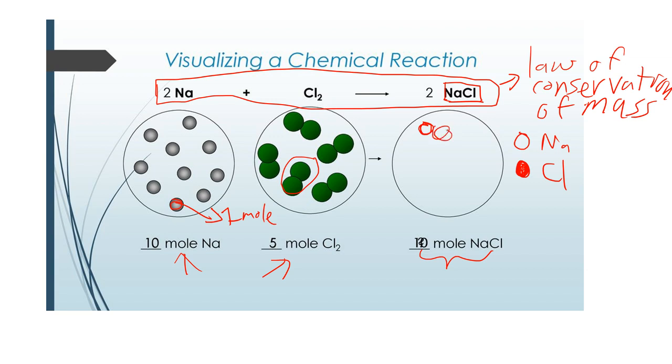Sodium chloride, you have sodium chloride 1, 2. So we can cross out these, and when you do this, you'll figure out that you can have 10 moles of sodium chloride. Now you can think of these as 10 molecules of sodium chloride, 10 compounds, but really they're 10 moles because each of these dots represents 1 mole.